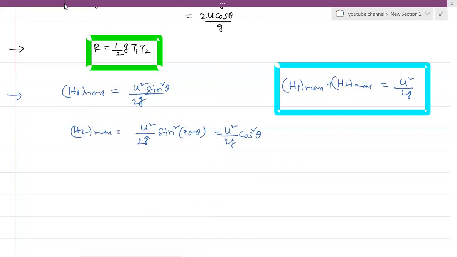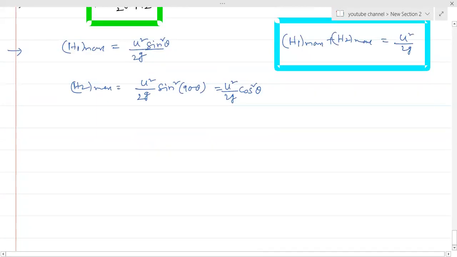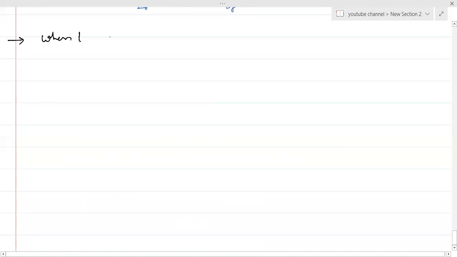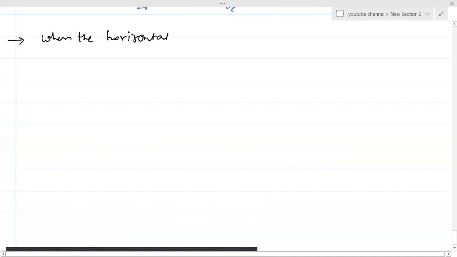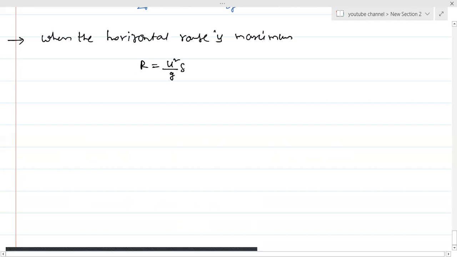So this is the story of complementary angles. And we will understand when the horizontal range is maximum. Range means u square by g into sine 2 theta.